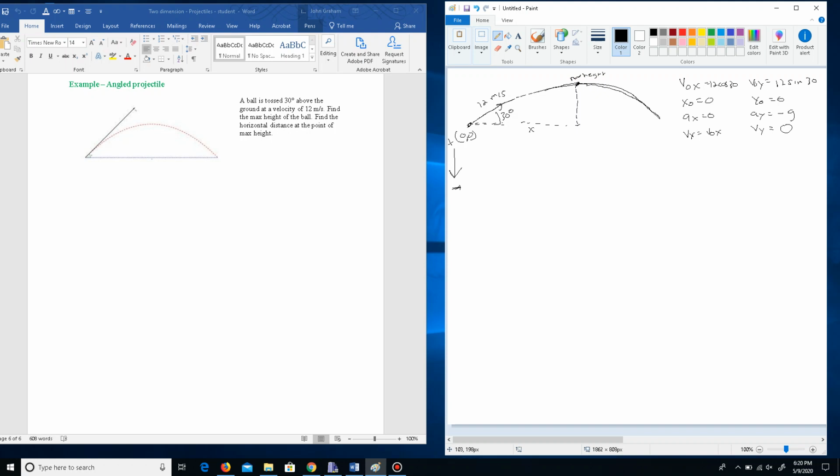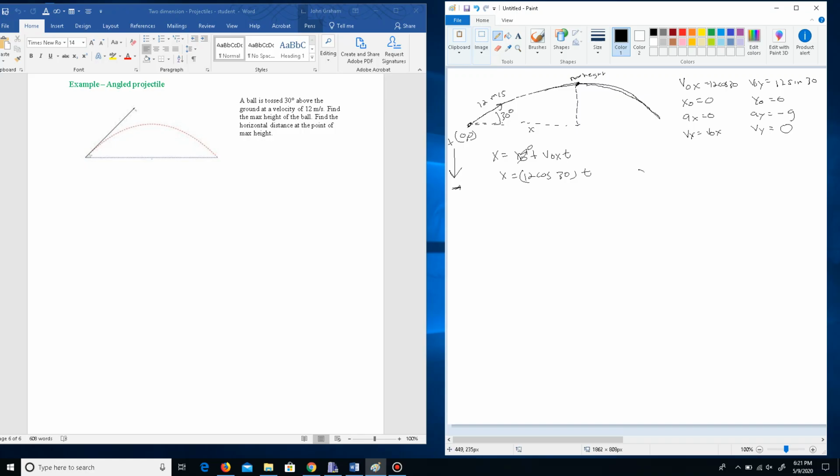So we can look at our x equation. x equals x sub 0 plus v sub 0x times time. And so we don't know what x is. We know this is going to be 0. v sub 0x is 12 cosine 30, and then this is multiplied by time. We just don't know what time is.